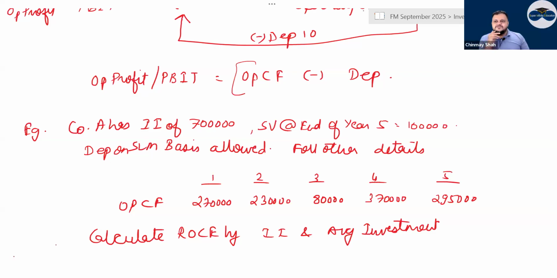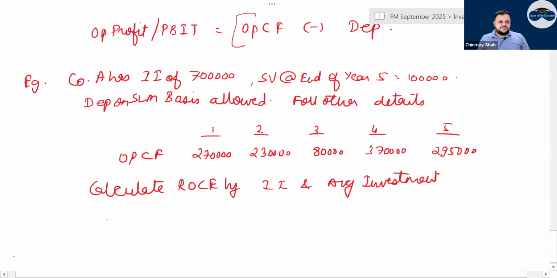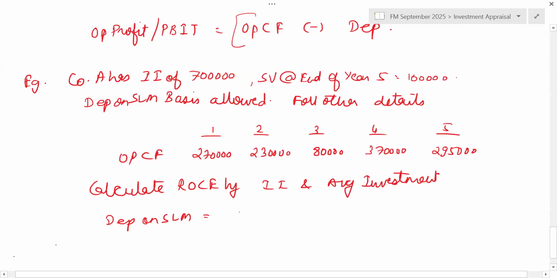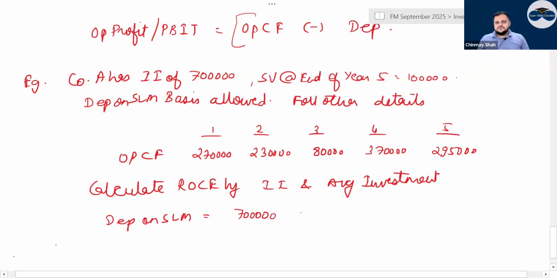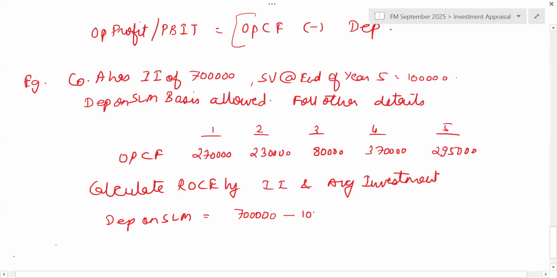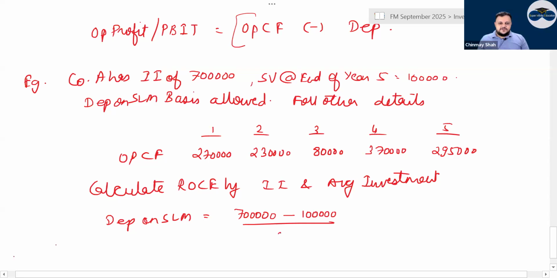But do you know the depreciation of every year? First calculate depreciation on SLM basis. How will you calculate? What is the initial investment? 700,000 minus 100,000, divided by 5.